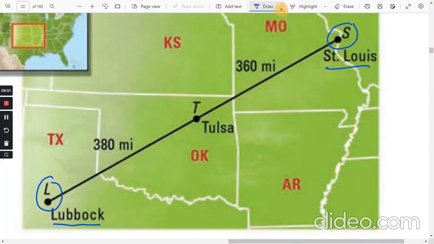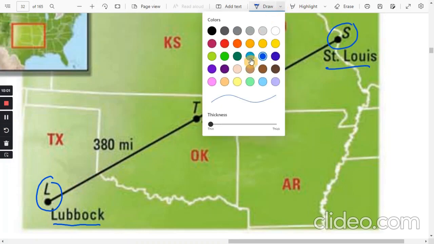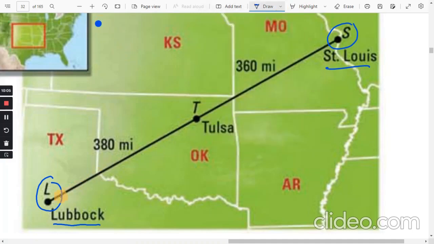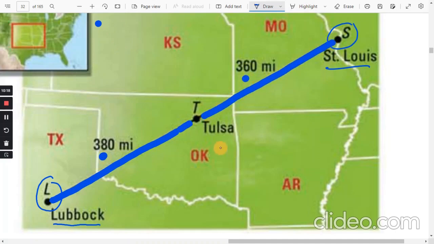So we're looking for the distance of this entire line. What we're going to do is add the two pieces. If you go from L to T, that's going to be 380 miles, and if you go from T to S, that's going to be 360. So we're just going to add those.